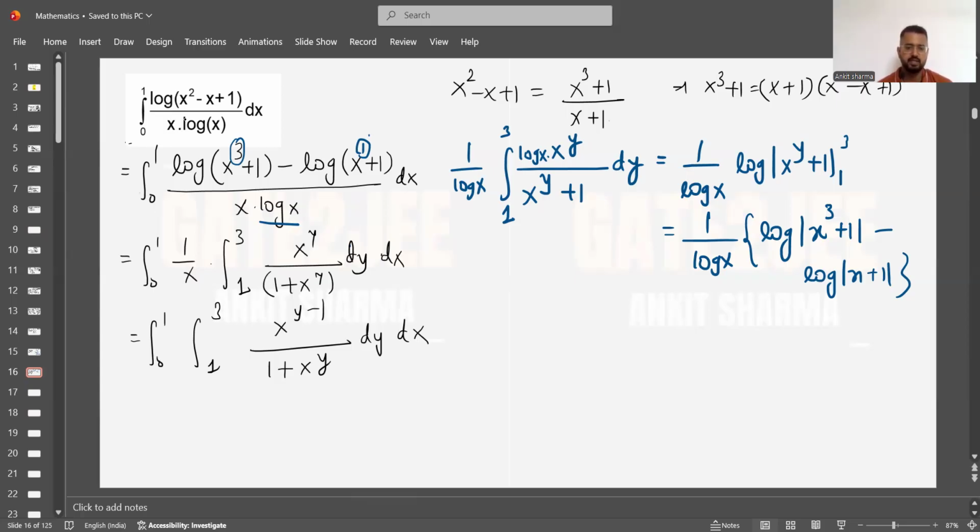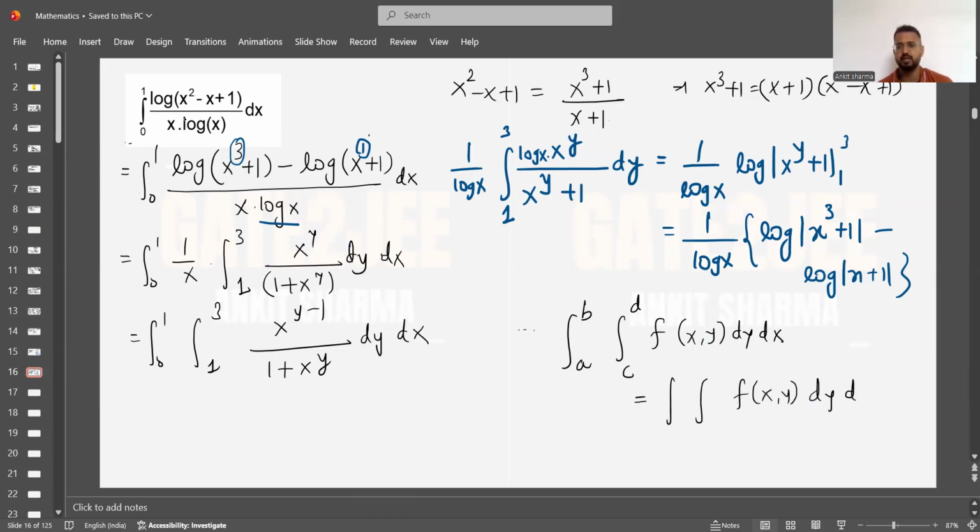What is Fubini's theorem first of all? Integral a to b, and then c to d, for constant limits of course. If I have f of x, y, dy, dx, then by the suitable transformation this integral can be converted to f of x comma y itself, but then it becomes dx over dy.